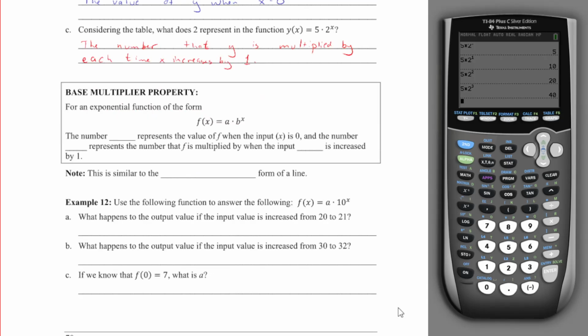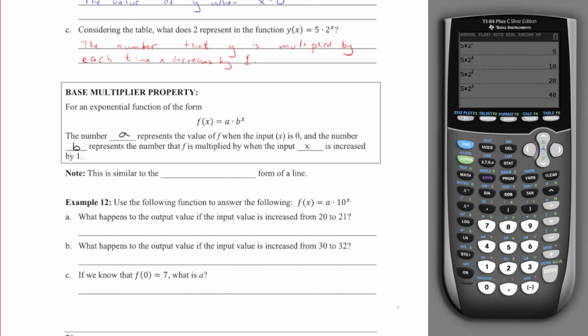In this form, we have one number times another number to the x power. The number a represents the value of the output of f when x is 0. And the number b represents the number that f is multiplied by when the input x is increased by 1.